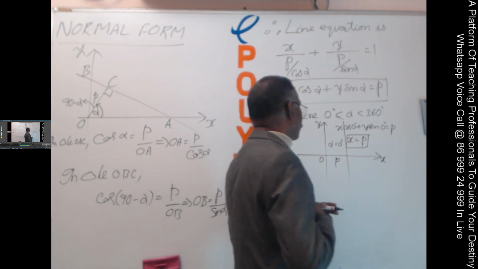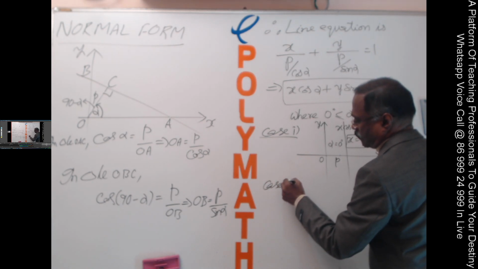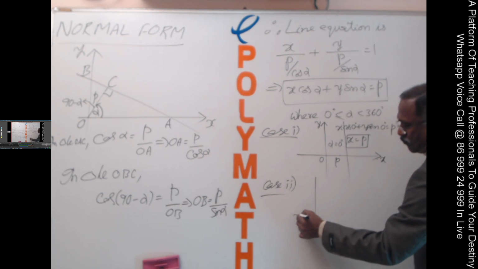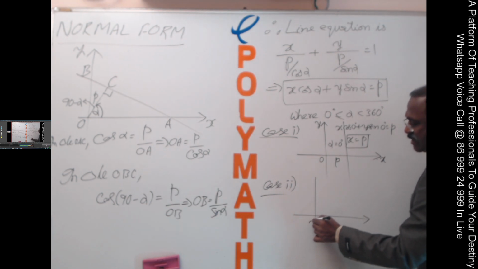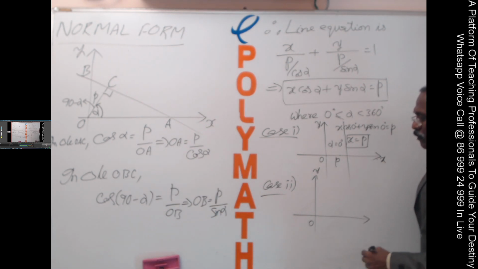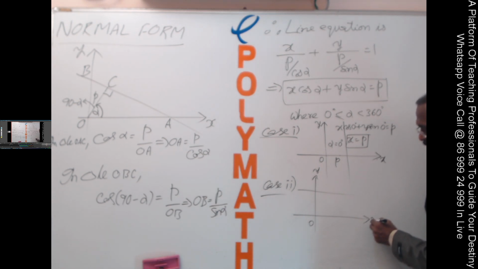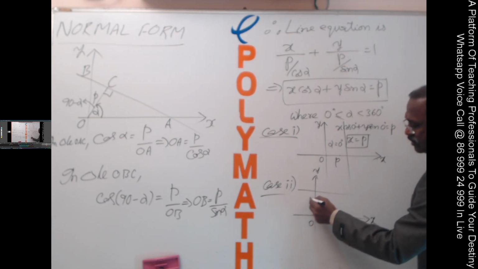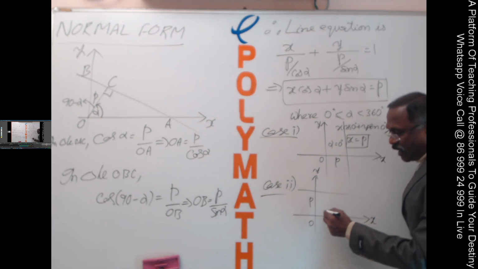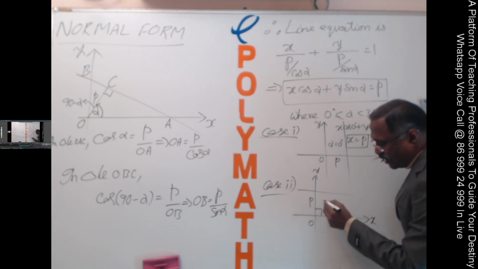Now, case 2, please. This is the x-axis, y-axis. Now, the line is parallel to the x-axis at a distance of p units, and the normal makes an angle of 90 degrees with the x-axis.